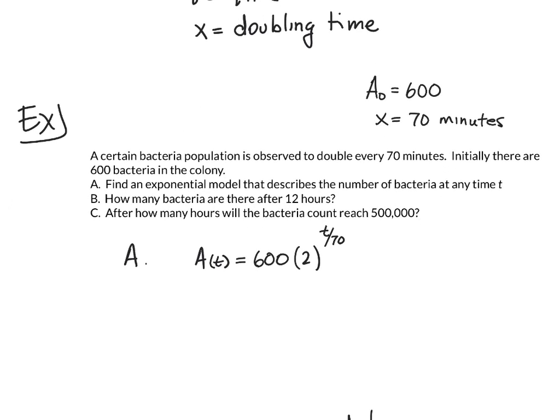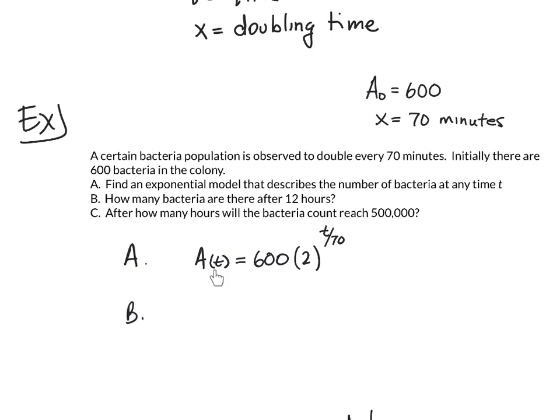Now, part B. We need to be very careful on part B because there's a very common mistake that can be made here. How many bacteria are there after 12 hours? This is asking for a future amount.